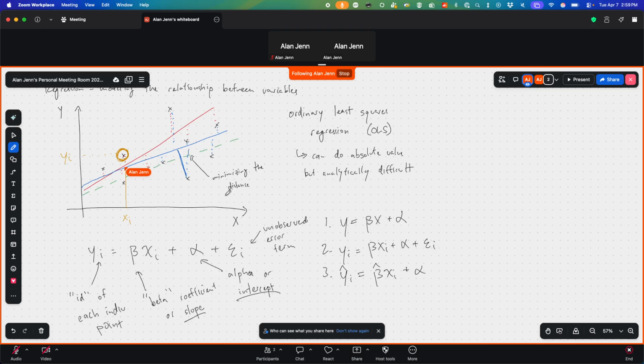And so xi would end up on that point on the blue line, and then I would add the error term, which is the distance from my blue line to that, and then that would give me my yi. Okay? So equation 2 is about the specific relationship between points.